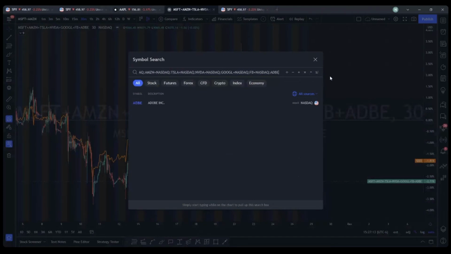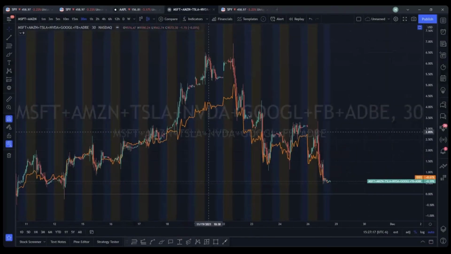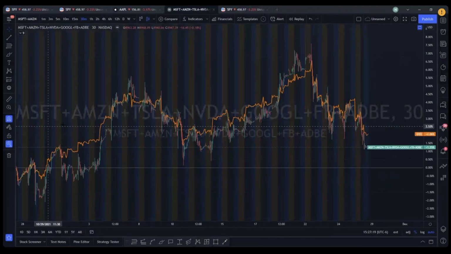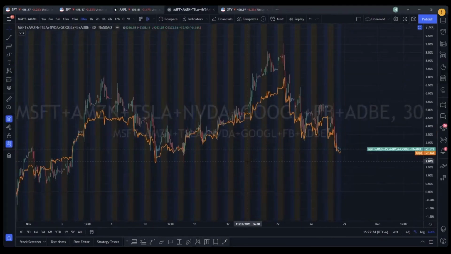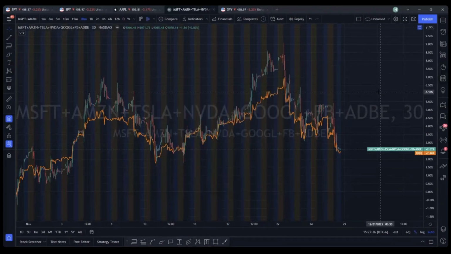So just add a plus sign, add them there, and then add QQQ. In this example, we've got Microsoft, Amazon, Tesla, Nvidia, Google, Facebook, and Adobe, all members of the QQQ, here on a 30-minute chart with extended hours. And then I have added QQQ itself with the compare button.